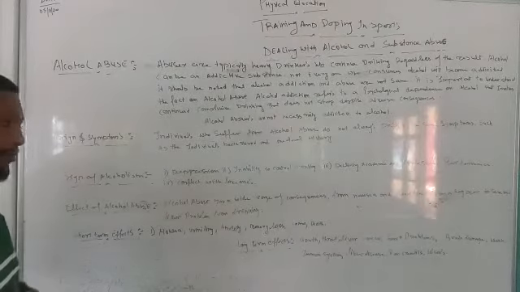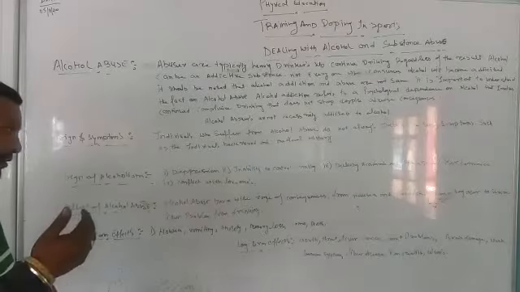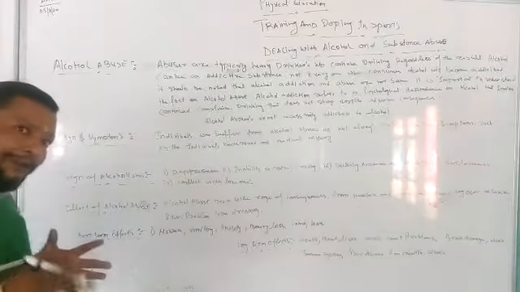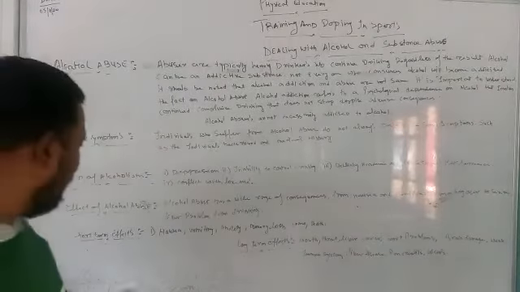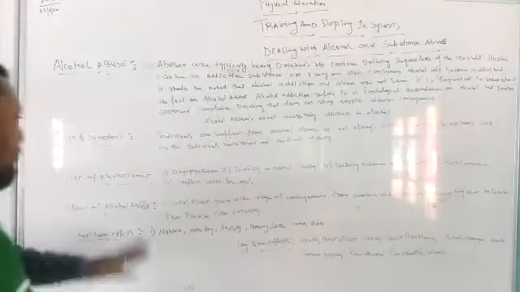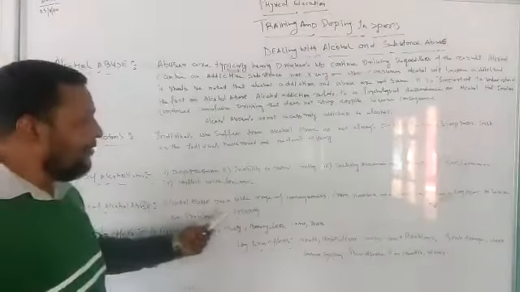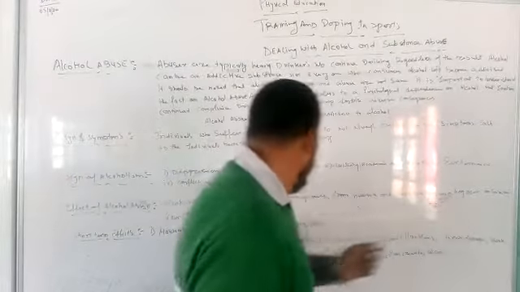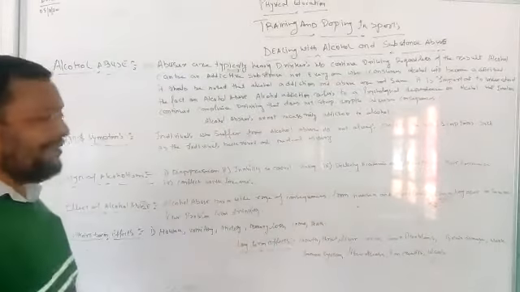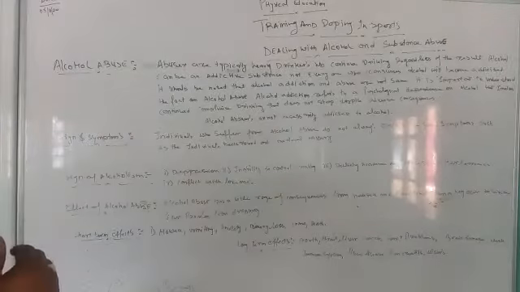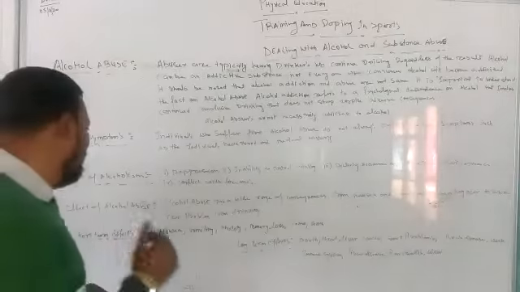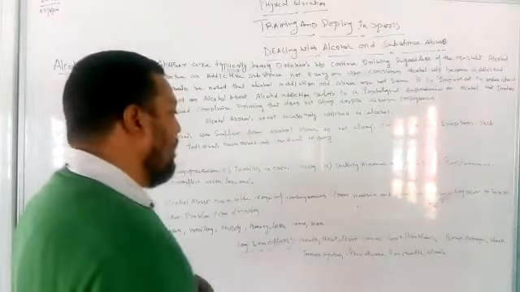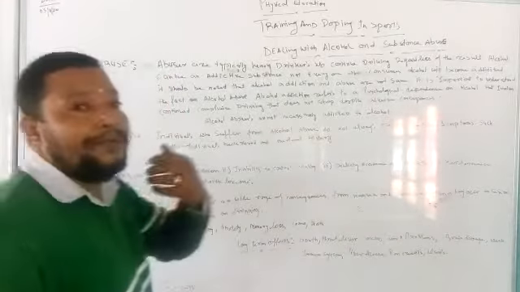Effects of alcohol abuse. There are so many effects of alcohol abuse, so we divide the effects of alcohol abuse into two forms, that is short term and long term. First of all, alcohol abuse has a wide range of consequences, from nausea and headache, from a hangover to severe liver problems from drinking. The effect of alcohol abuse starts from the minor range and it may go up to the higher range, that is death.